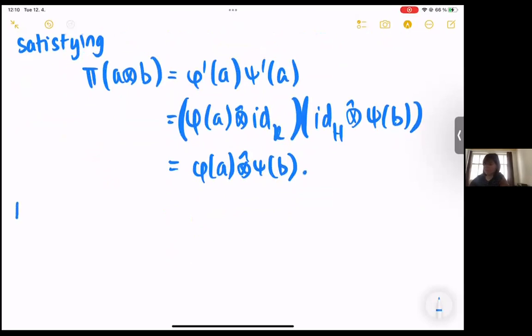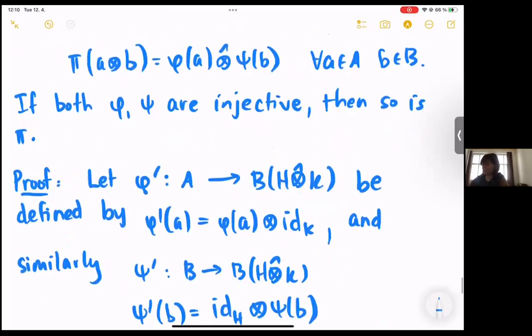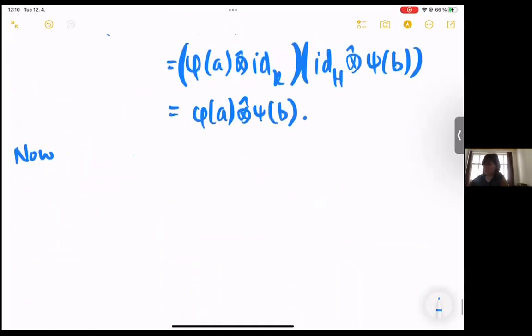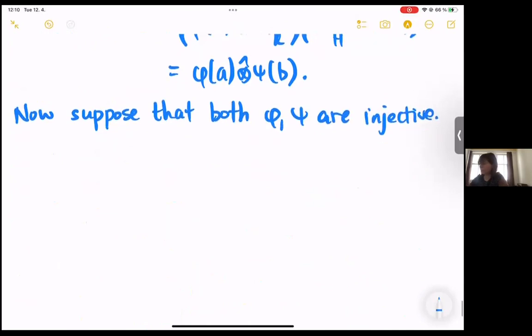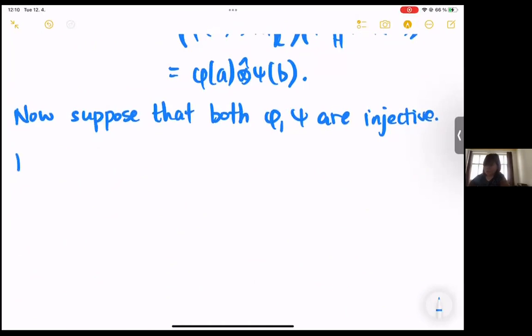Okay, so we need to show that if psi and phi are injective, so is pi. So let's suppose that there is some c in the kernel of pi.